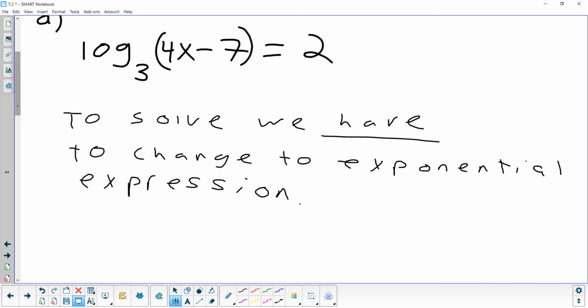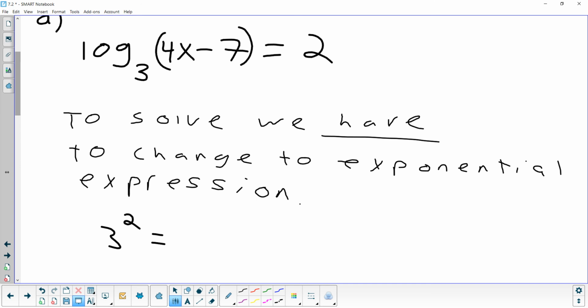All right, so let's start with my base. What is my base? 3. Very good. 3 is my base. A logarithm always equals what kind of number? The exponent. And the 4x minus 7, that's what I'm taking the log of.